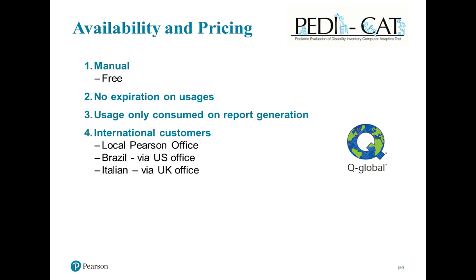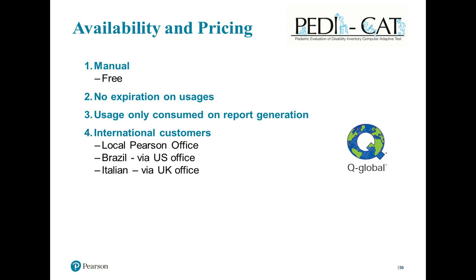As I said before, the manual is available free in the Q Global Resource Library, and it will always be available for free in there. There's no expiration on usages, so once you purchase those, they're never going to expire. So, you know, if you purchase a large amount, they could last you 2 or 3 years. You could just purchase enough for a month at a time, whatever you want to do. It's entirely up to you and flexible in that respect. And a usage is only consumed on report generation.